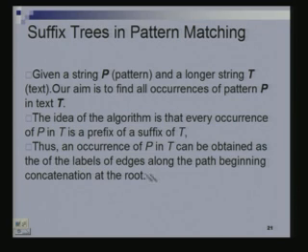Thus an occurrence of P can be obtained as a concatenation of the labels of the edges along the path, beginning at the root. So we can come down the tree, and the concatenation of those labels will give us the pattern.